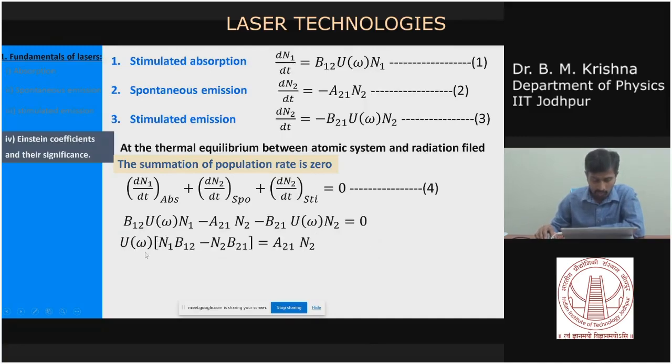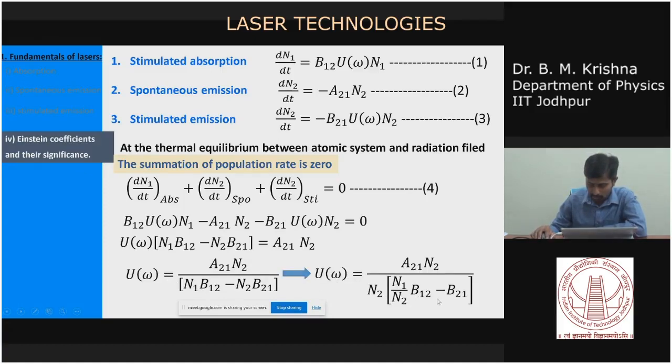You take U of omega, the radiation energy density, common. Then U of omega times N1 B12 minus N2 B21, and you send the spontaneous emission part A21 N2 to the other side. From this you can calculate U of omega, the energy density, as A21 N2 divided by N1 B12 minus N2 B21.